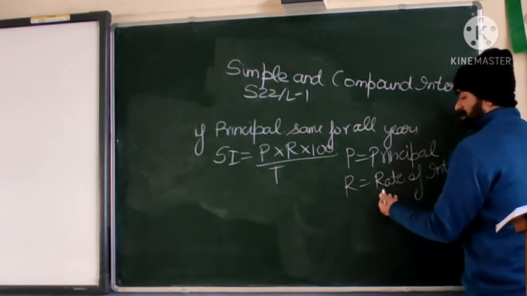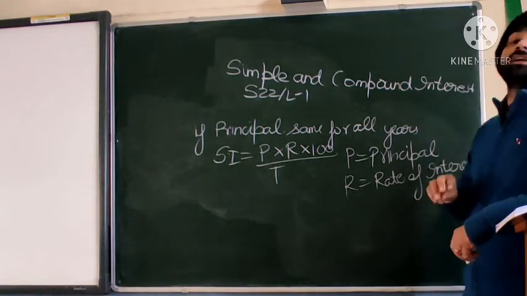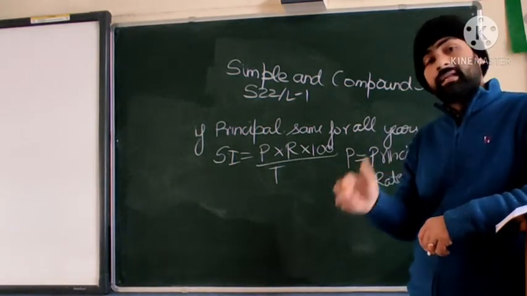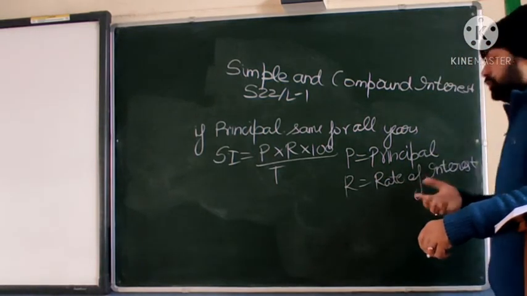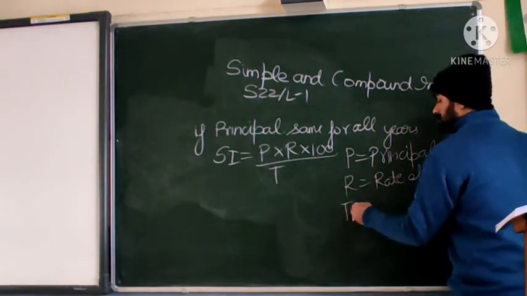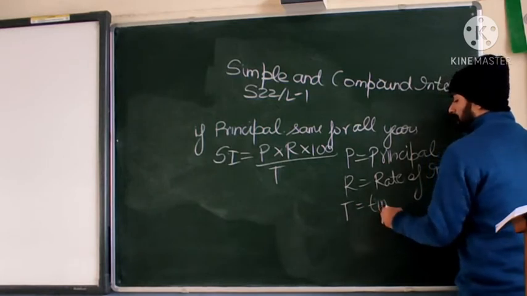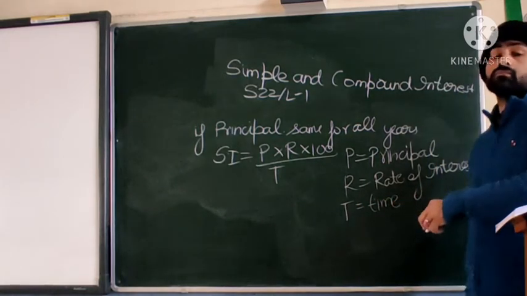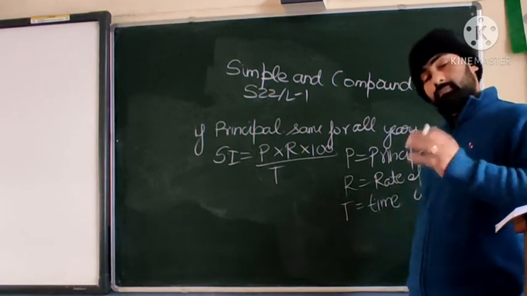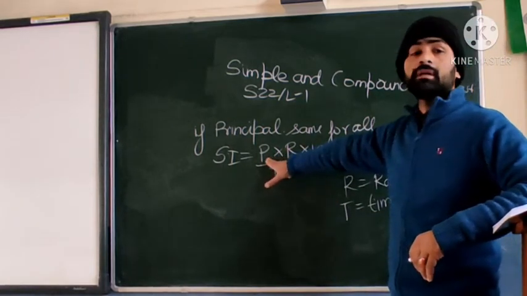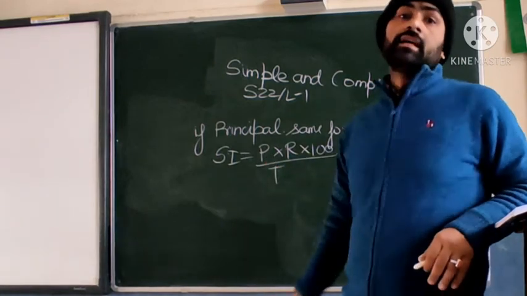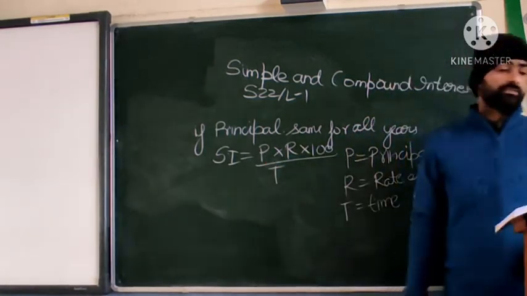This is always in percentage. It may be in different forms: per annum, half yearly, quarterly. These will come depending on the question. Then T is the time for which you are lending or borrowing the money. Okay, so this is simple interest. Here the principal remains the same for all the years and interest is calculated with this formula.